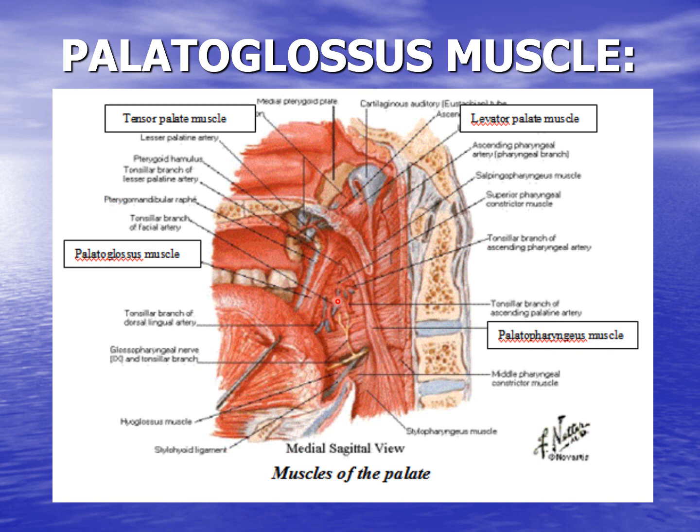Here is also the palatoglossus muscle. This is the muscle here. It comes from the palatine crest, palatine aponeurosis, to the posterior lateral part of the tongue. Action: it can pull the tongue upwards, and it can depress the palate downwards.